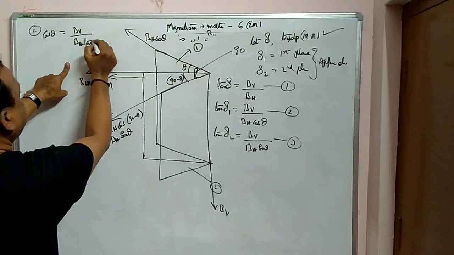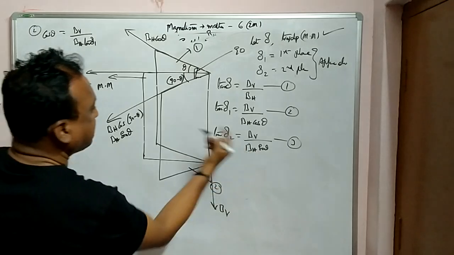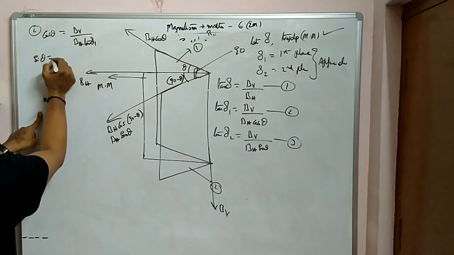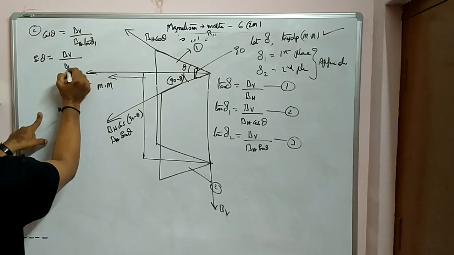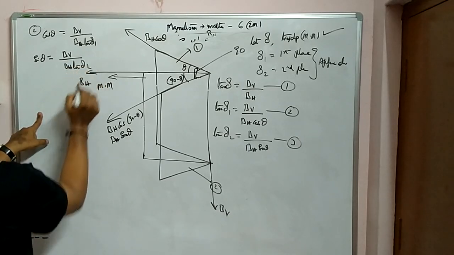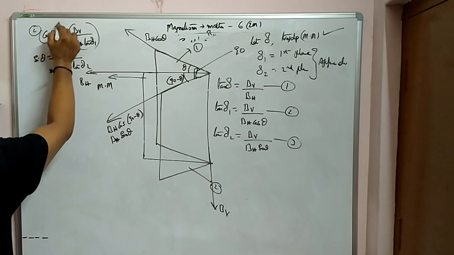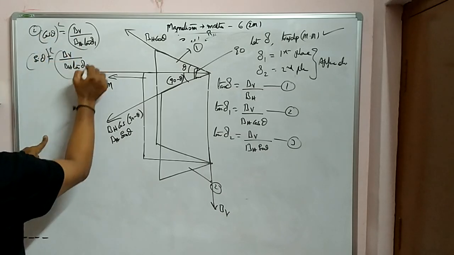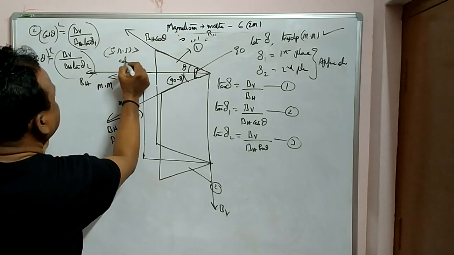Similarly, from equation 3, what is sin theta? sin theta is BV by BH tan del 2. Now what I'll do is square both sides and add.